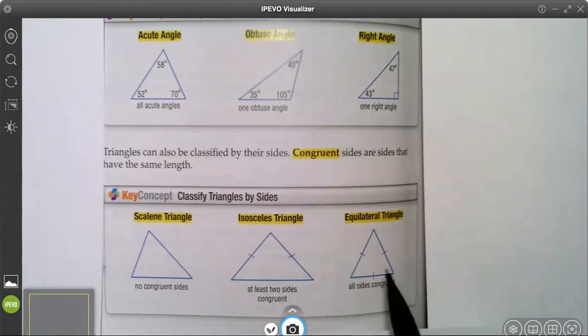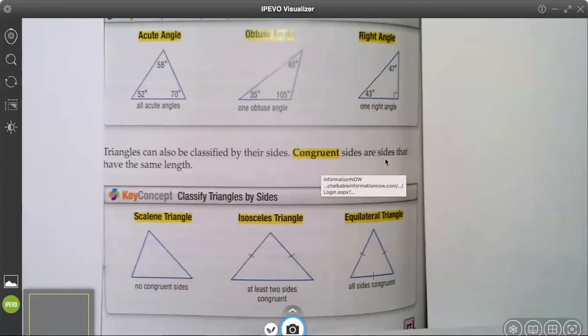And if you have an equilateral triangle where all sides are the same, then all angles are also going to be the same. And if all angles are the same, they have to be 60 degrees each, because a triangle measures 180 degrees if you add all three angles. So 60 plus 60 plus 60 would equal 180, and that would be the measurements of the equilateral triangle.